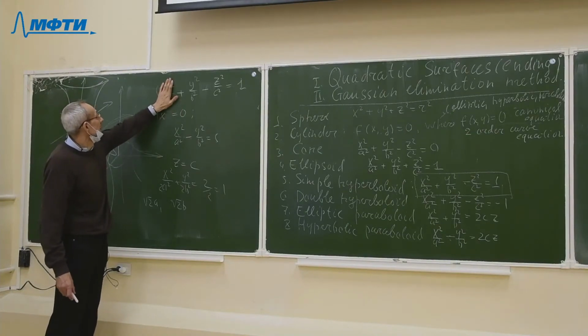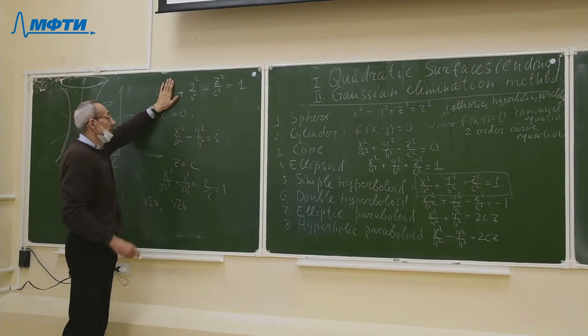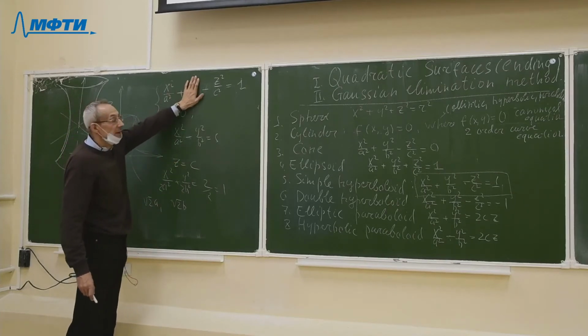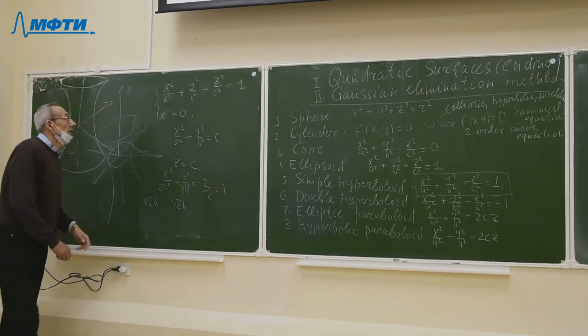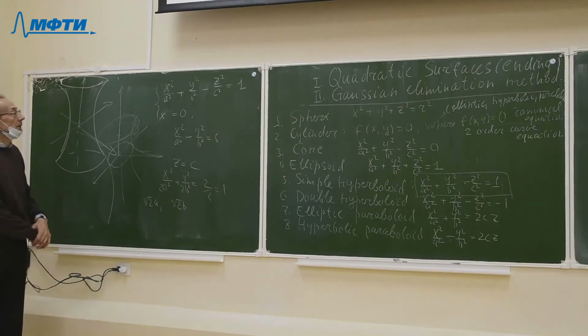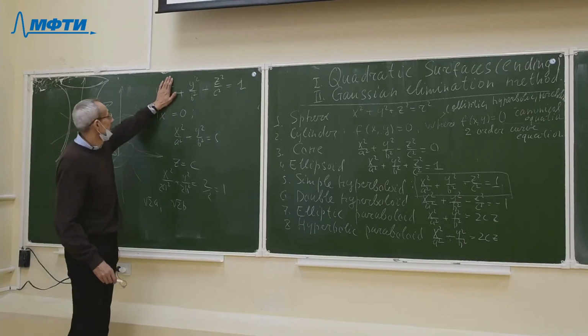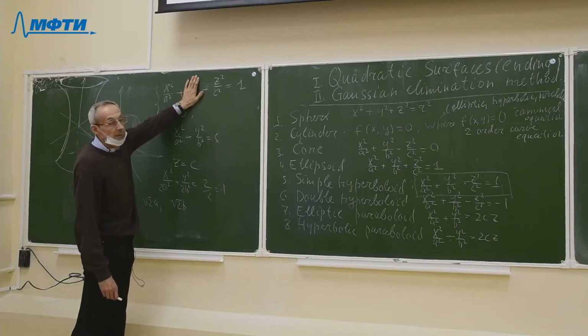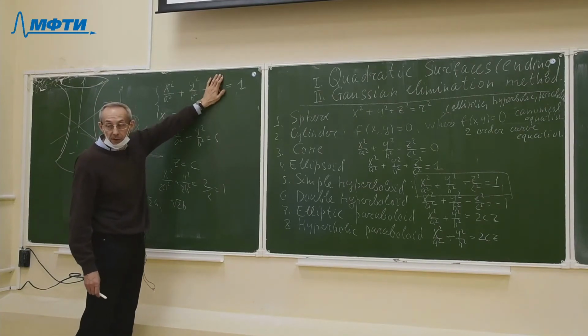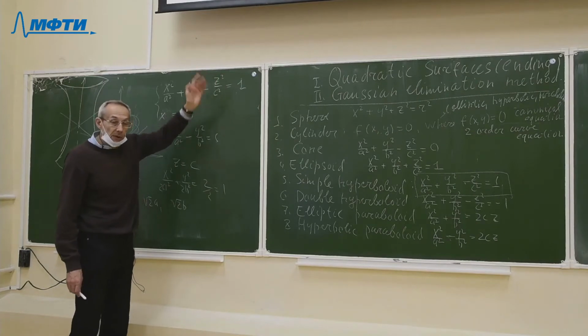If you put this coordinate equal to 0, we obtain the equation of a hyperbola. This is also a hyperbola, and this we obtain the ellipse. Easy to see in all these cases. This one is absent, hyperbola. This one is absent, hyperbola. This one is absent, we obtain ellipse. Do you understand it? Yes.